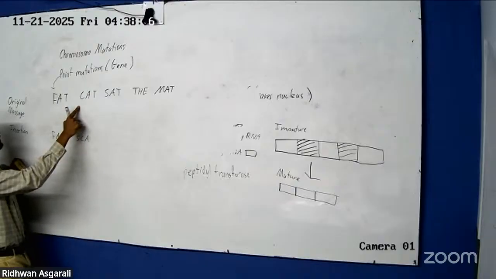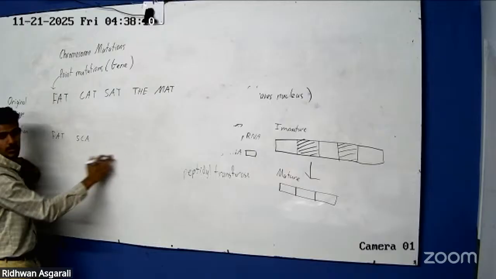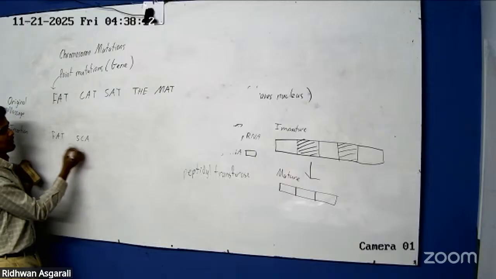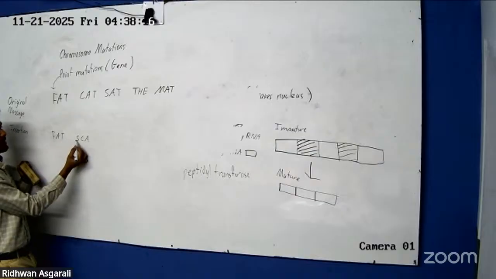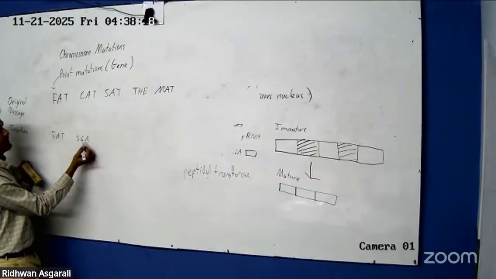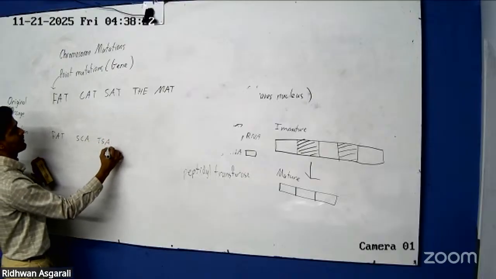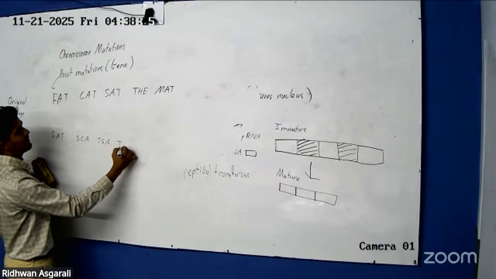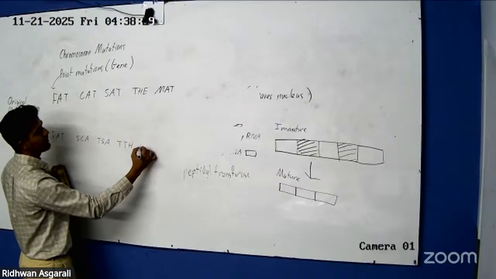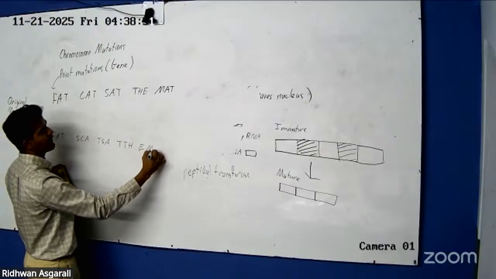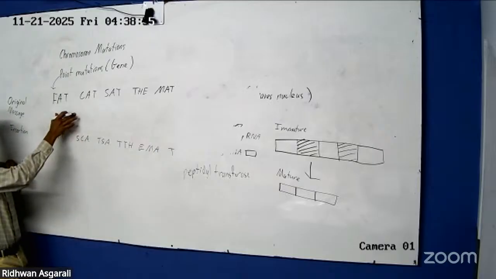Now, what does this change? This changes the entire codon afterwards, because remember, it's read in triplets. The first part will remain the same, but this will be read as SCA, and the next ones would be TSA, then TTH, then EMA, and then you just have a T. It is the same message as above.